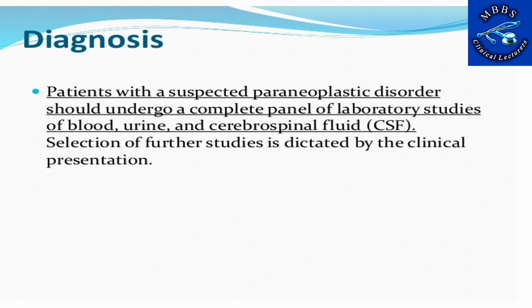If the surgeon or clinician suspects a paraneoplastic disorder, the patient should undergo a complete panel of laboratory studies of the blood, urine, and cerebrospinal fluid, to look for any malignant cells, because blood cytology, urine, and CSF cytology are generally non-invasive procedures, and malignant cells can be easily assessed if the histopathologist or cytologist is able to diagnose them.